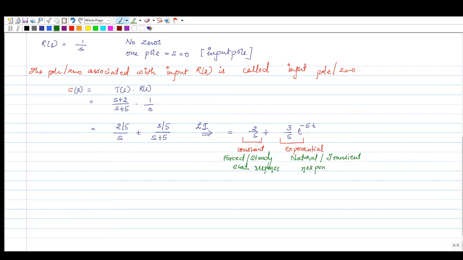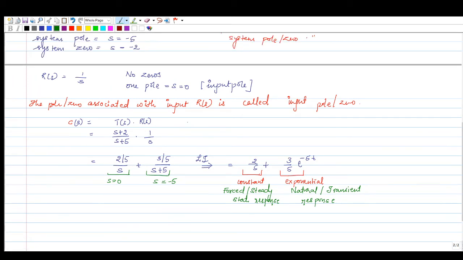Now the reason why we call this forced response is because, we'll get back to this equation, we have this first term and we have this second term. Now what is the pole of this first term? The pole is at s is equal to 0. Similarly here, the pole of this function is s is equal to minus 5.